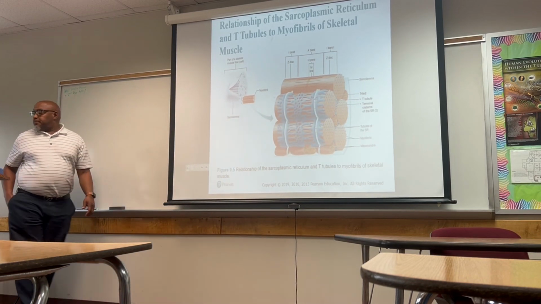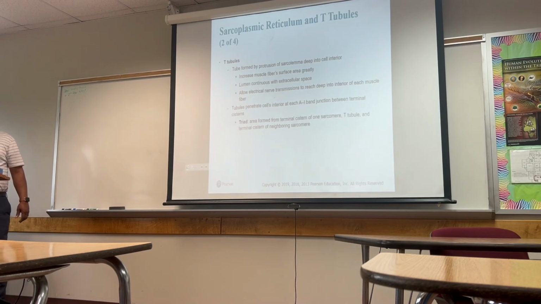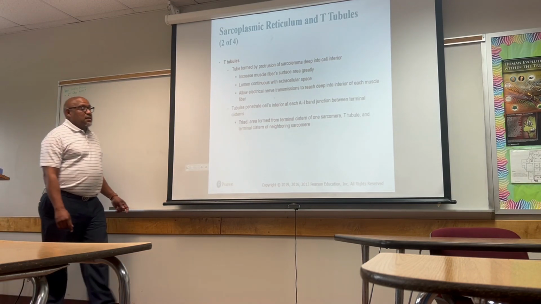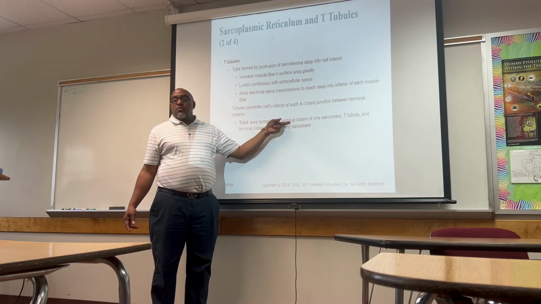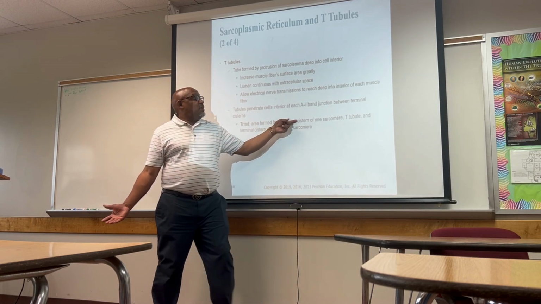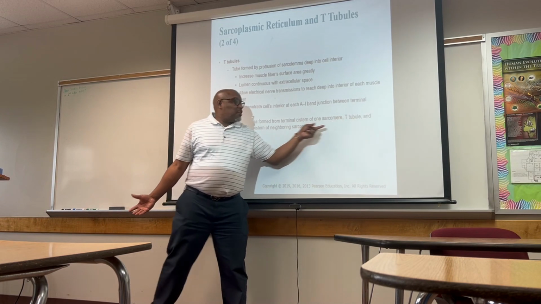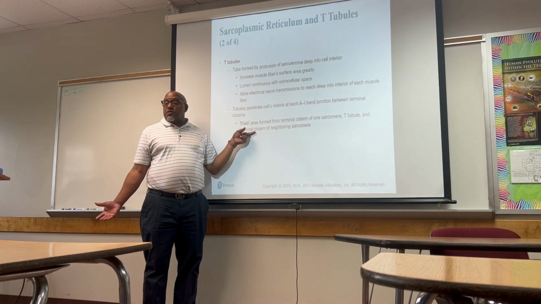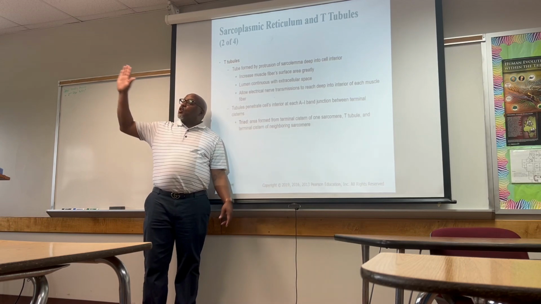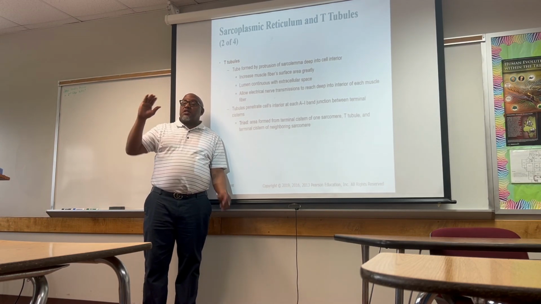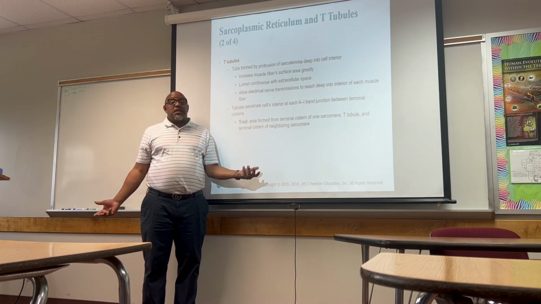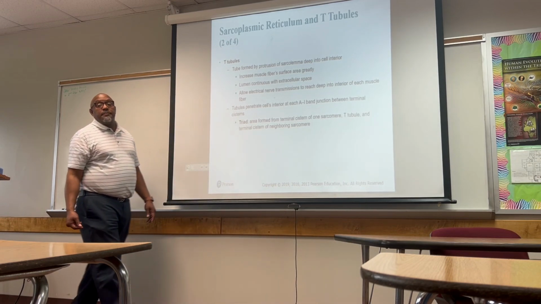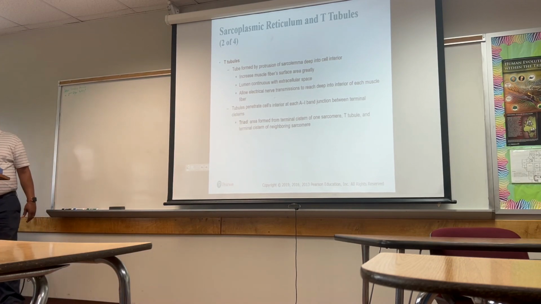So we move back up to here. The triad is a terminal cistern, which is just your sarcoplasmic reticulum, and a T-tubule, and another terminal cistern, or another sarcoplasmic reticulum. So when the sarcoplasmic reticulum, T-tubule, sarcoplasmic reticulum come together, that forms what we call a triad.